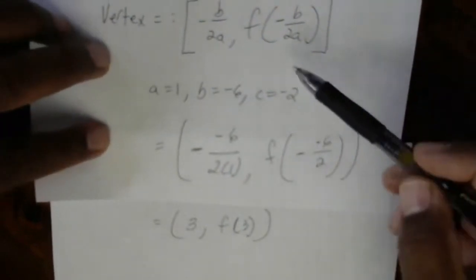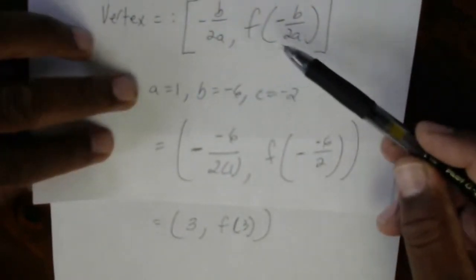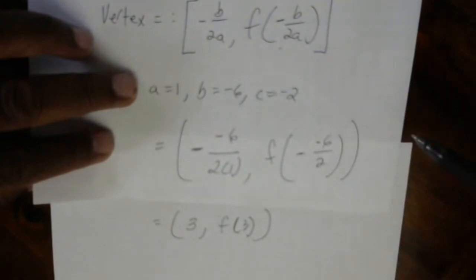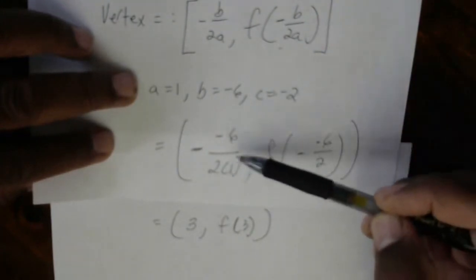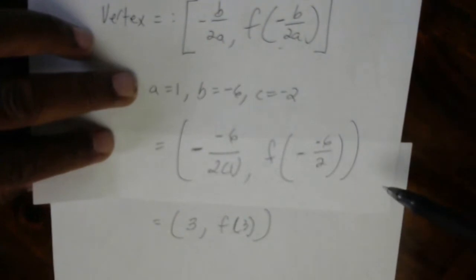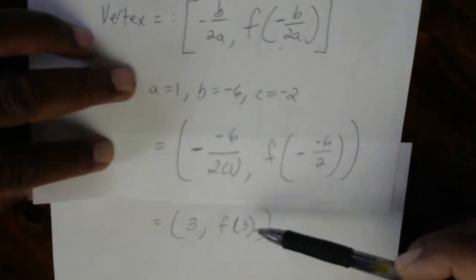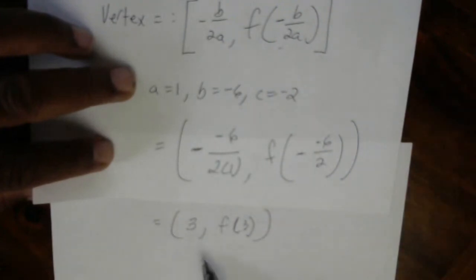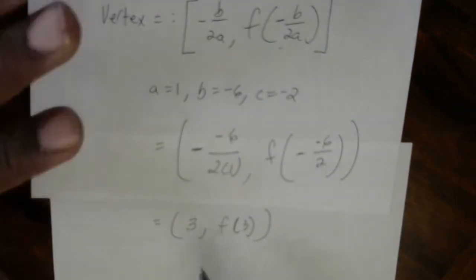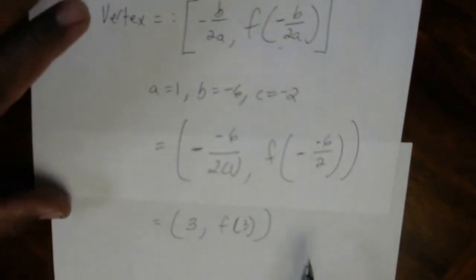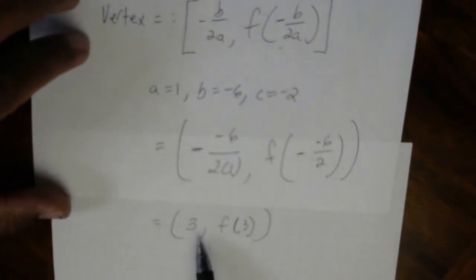Right, so I took our formula, I substituted a for 1, b for negative 6. I substituted that into the formula. Right, I simplified negative b over 2a to get 3, so I have 3 comma f of 3. Right, so our first coordinate of our vertex is 3.